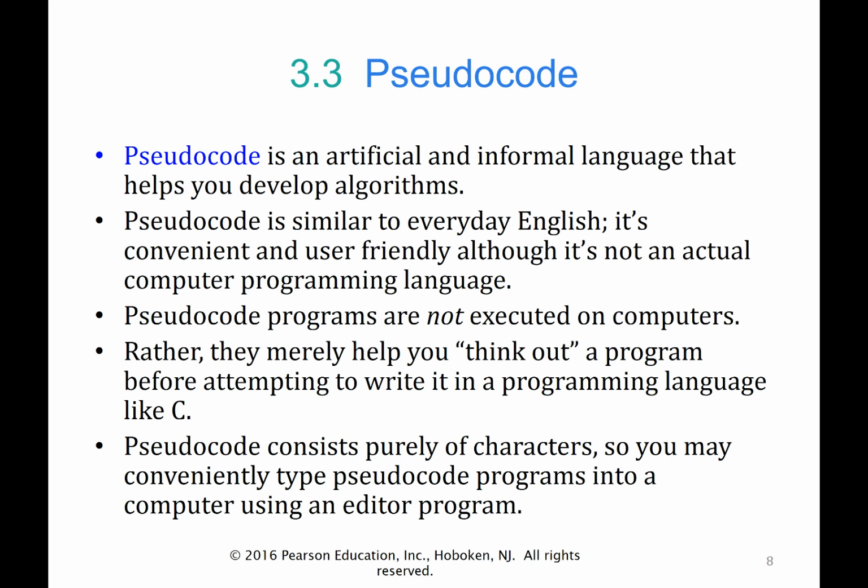Before we can write pseudocode, remember we have to understand the problem. Step number one is knowing what we're supposed to do. Step number two is writing out the pseudocode: how are we going to do it?